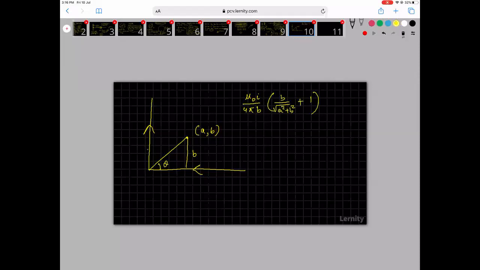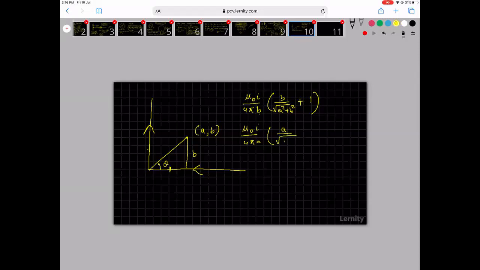Similarly, for this side, it will become mu naught I by 4 pi A, sine theta 1.